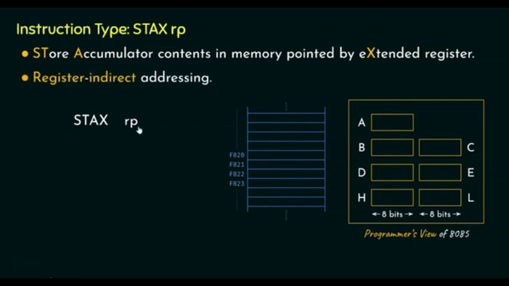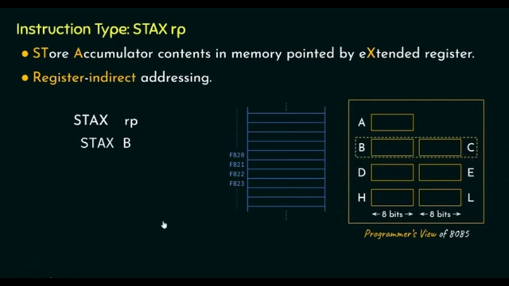Now the STAX RP instruction type, just like the previous one, that is LDAX RP, falls under the category of 1 byte long instructions. Now the opcode for STAX B will help the microprocessor store the accumulator content into the memory location which will be pointed by the BC register pair.